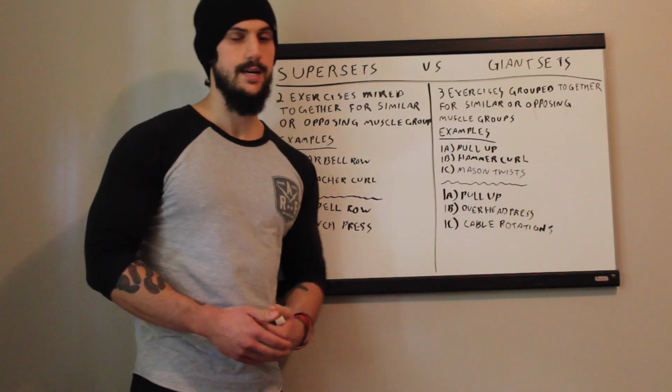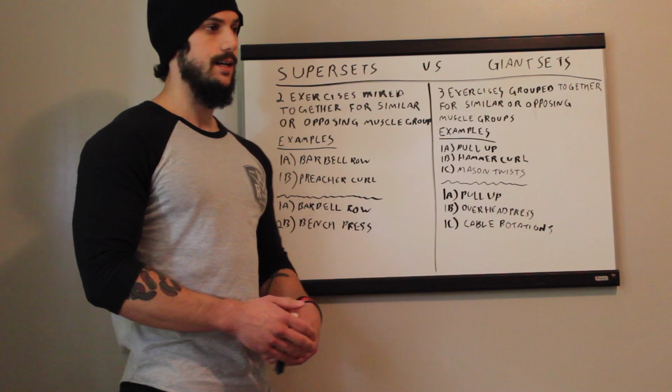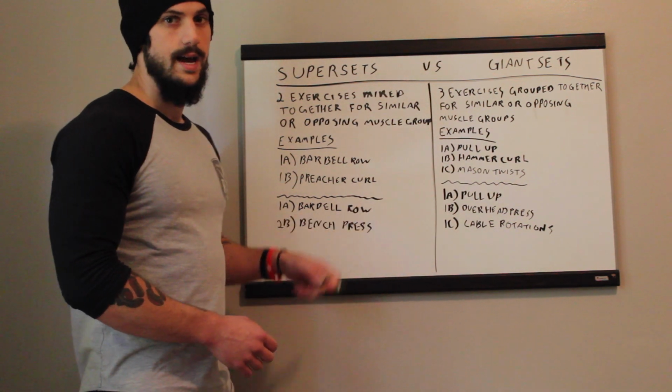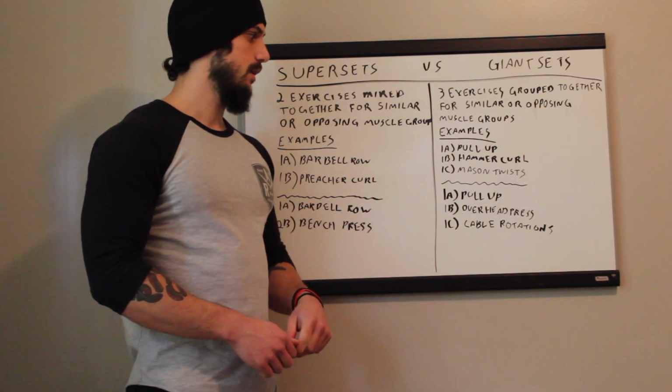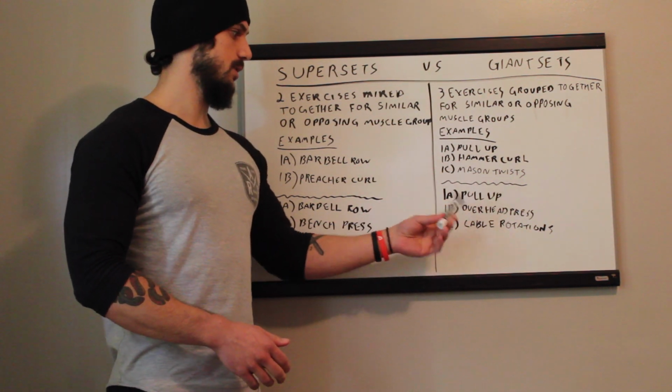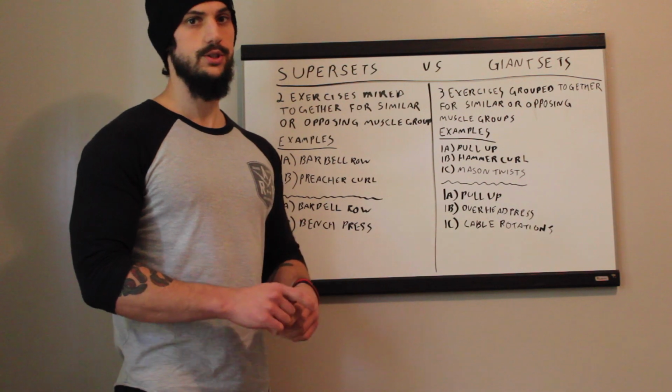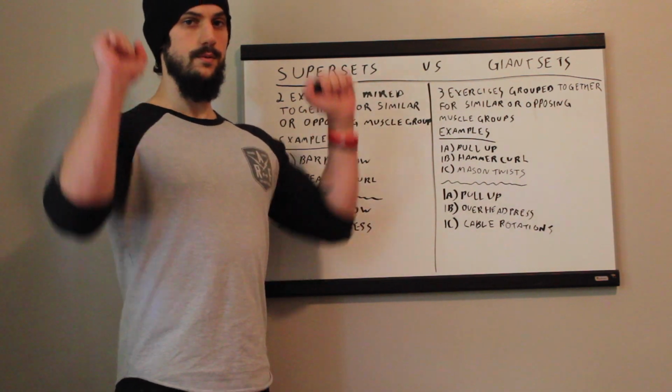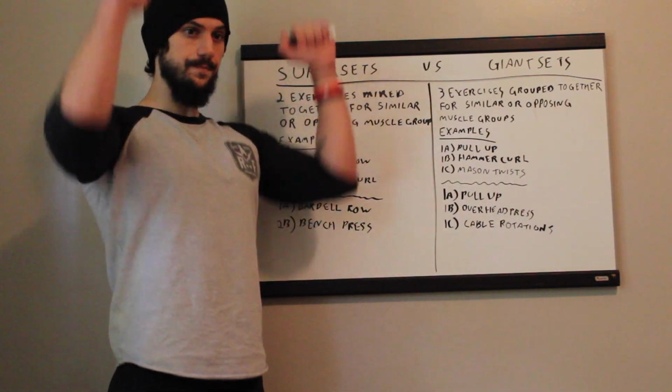For the second example that I have for the giant sets, it's the same idea as the second example here, except this time sticking with pull-ups, go from pull-ups to overhead press to cable rotations. In this example, they're both essentially this movement.